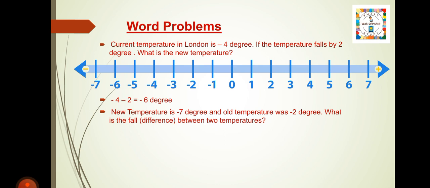So -7 to -6, which is a first jump, to -5, which is a second jump, then to -4, which is a third jump, -4 to -3, it is fourth jump, and -3 to -2 is the fifth jump. So the difference or the fall between the two temperature is 5 degrees. Hope now the number line concept is clear.